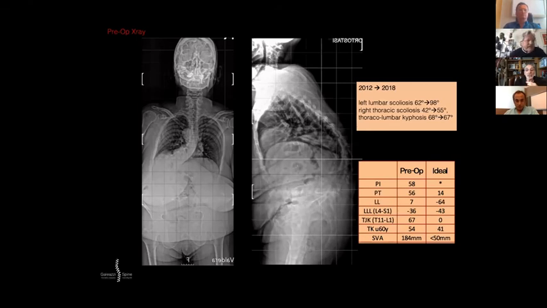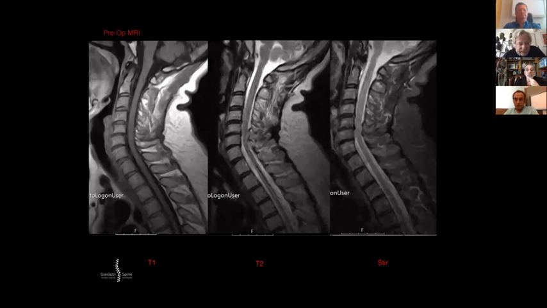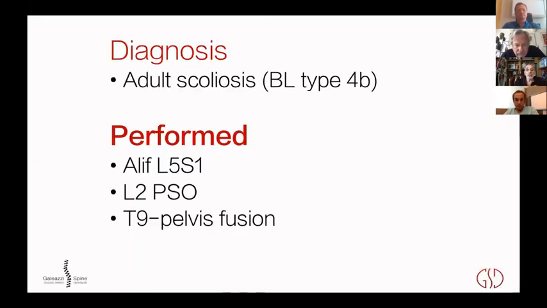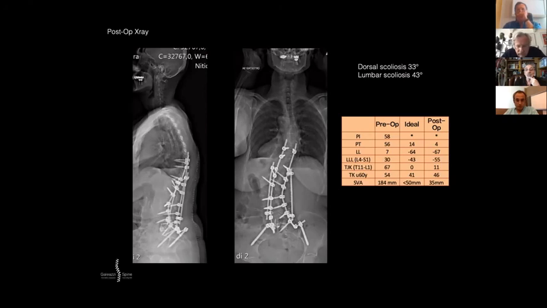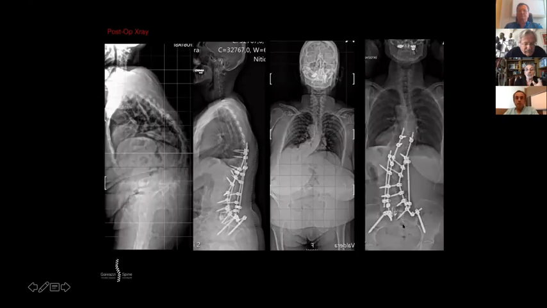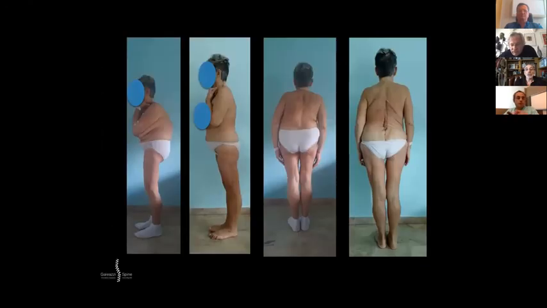Here you can see the huge deformity in both planes. We performed an ALIF plus a PSO, a symmetrical PSO at the apex of the deformity. And this is the final result in which we use this kind of kickstand extra rod, just in order to control also the coronal alignment.